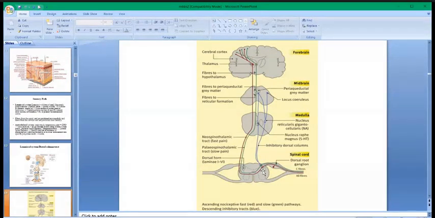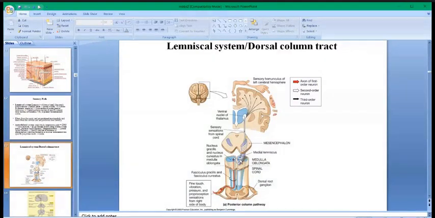Second order neuron always crosses. So here it crosses in the spinal cord. Previously what I showed, it crossed in the medulla, right? Nucleus cuneatus, nucleus gracilis, all in medulla.